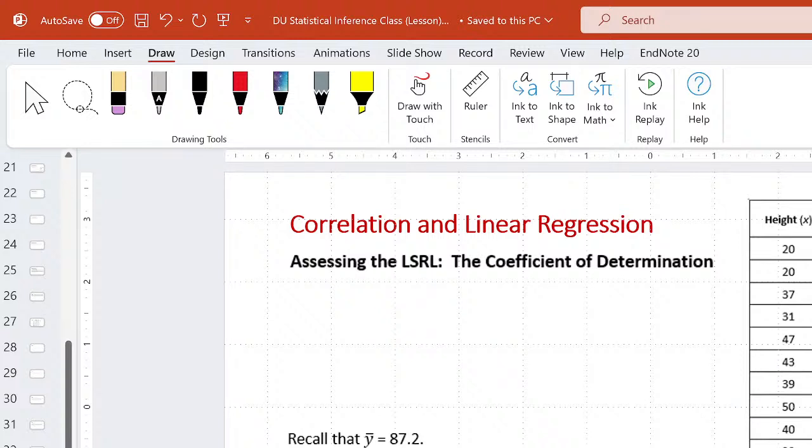Now, another little game. Keep in mind, if the model is perfect, all the y hats are the same as all the y's.